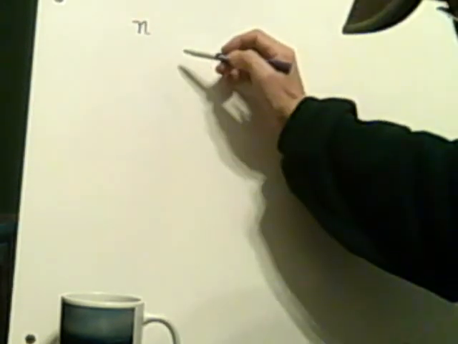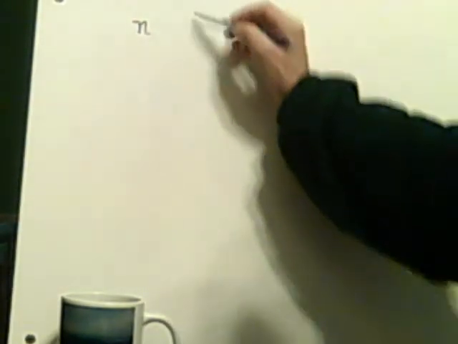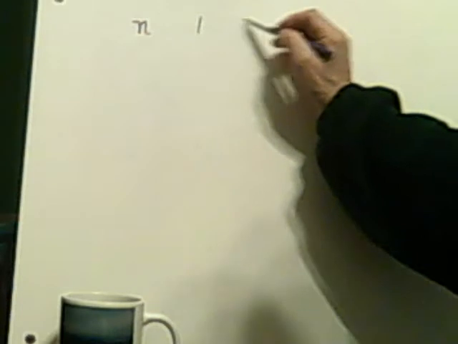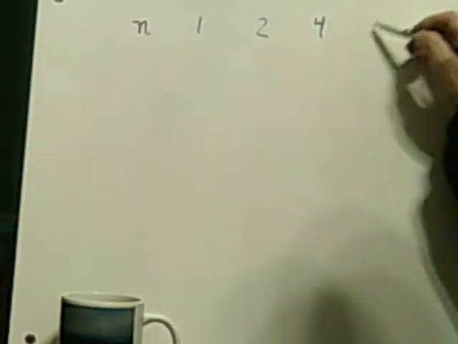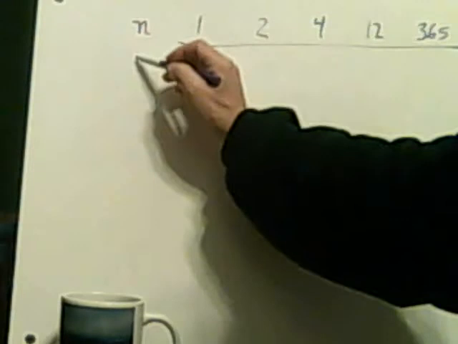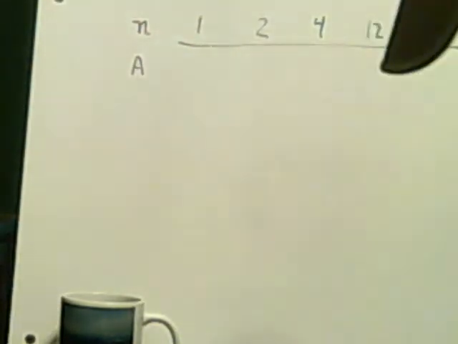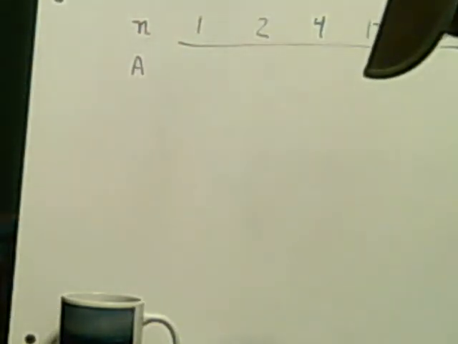N, they want you to have it for, if it gets compounded once a year, twice a year, 4 times a year, 12 times a year, or 365 times a year. That'd be daily compounding. And A is the principal. Now, they're going to say A is $5,000.